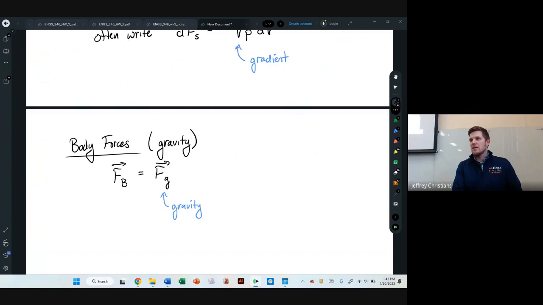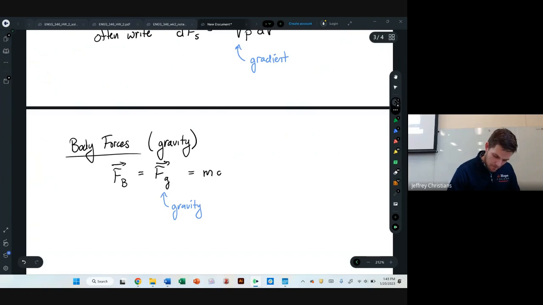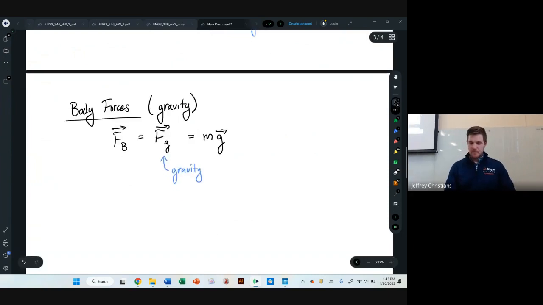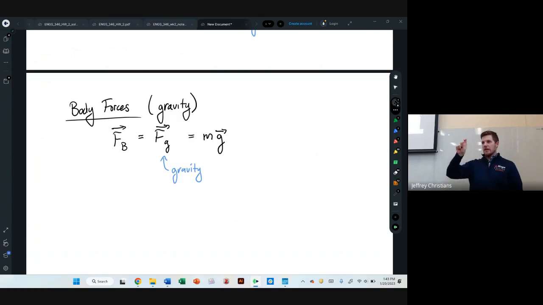So what is gravity? The force due to gravity is mass times g. Or if we want to shrink everything down to our really small chunk of thing, it's the density of that times the volume, times gravity.